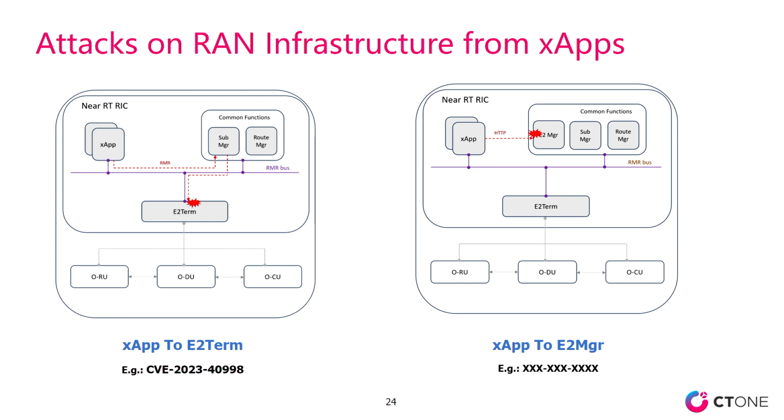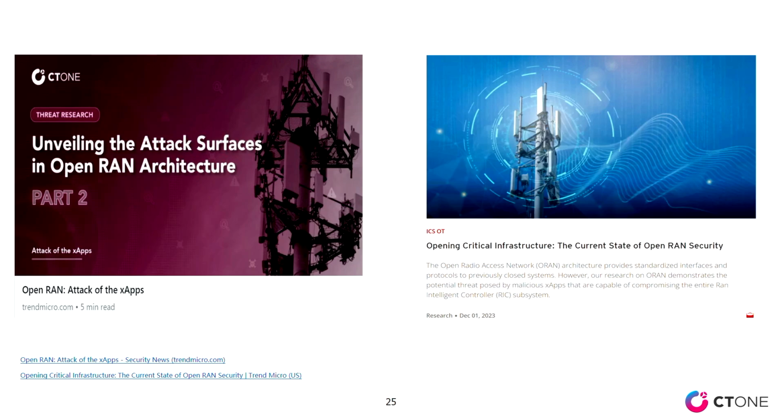And in this one, the third-party xApp takes advantage of privileges and attacks the RIC component, leveraging the lack of authentication in some of the HTTP APIs. So there are at least two attack vectors here. These are a couple of the papers that we published on Open RAN security.